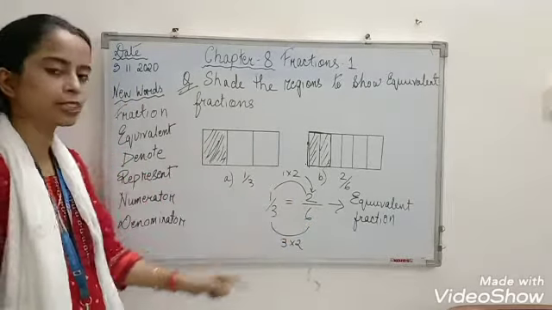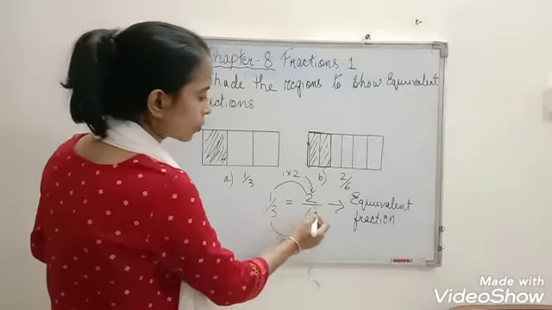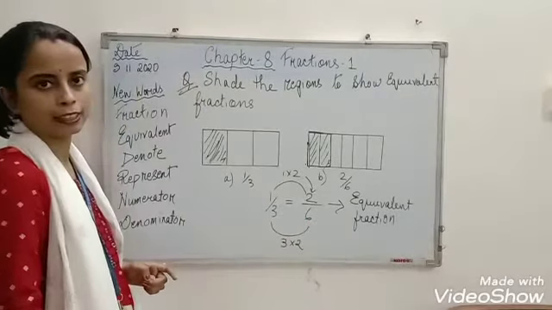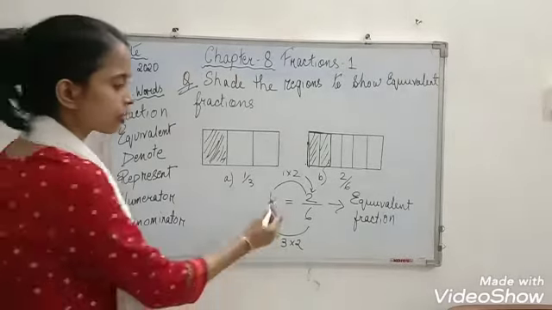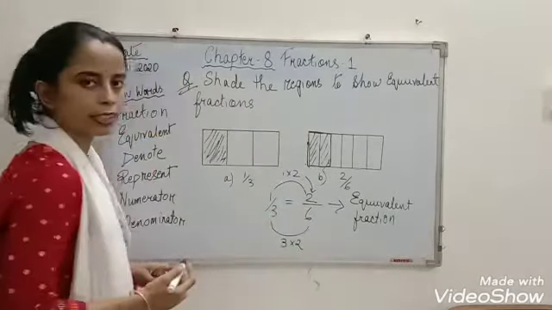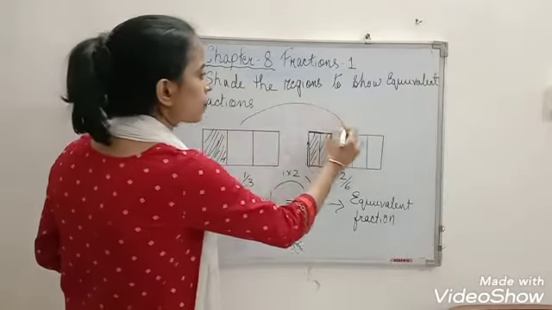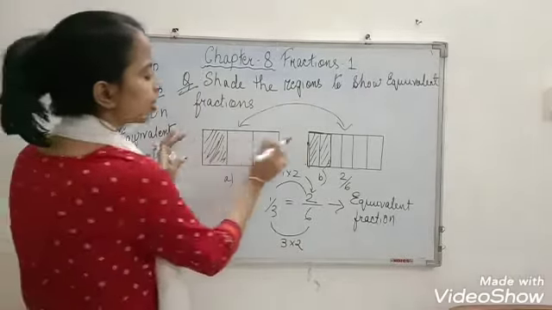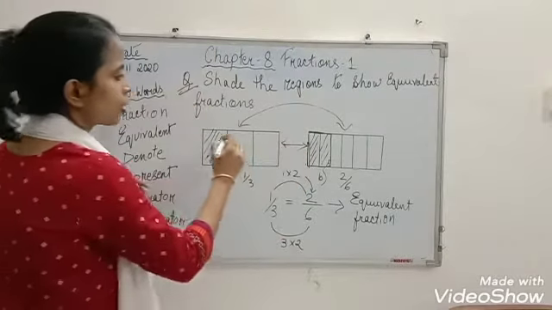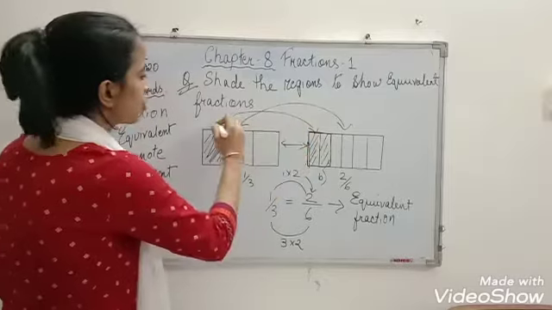So from this we can say that 1/3 is equal to 2 by 6. Got it children? So these two are equivalent fractions. They represent the same shaded portion.